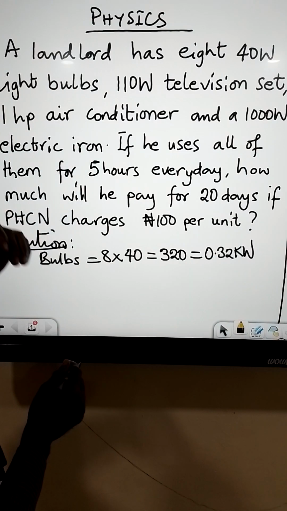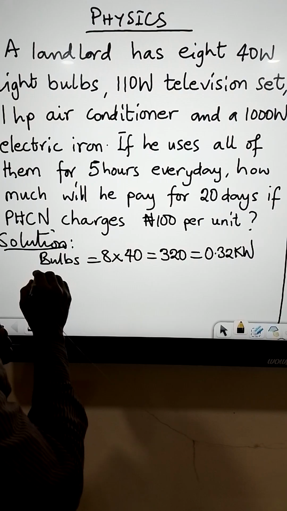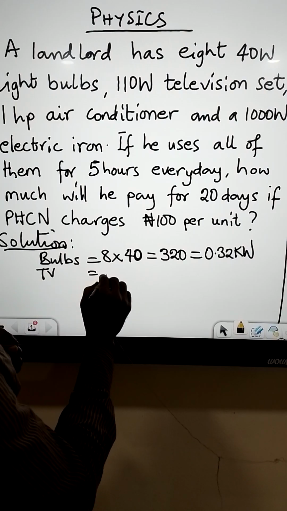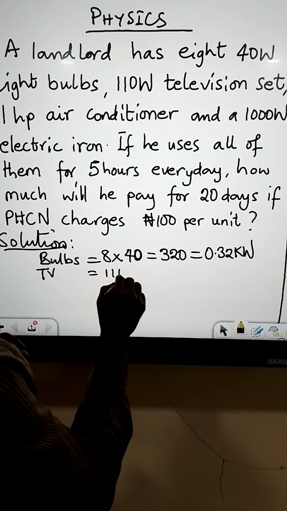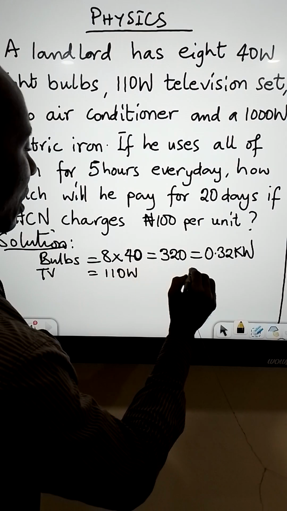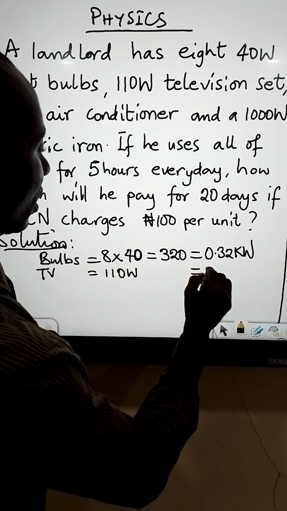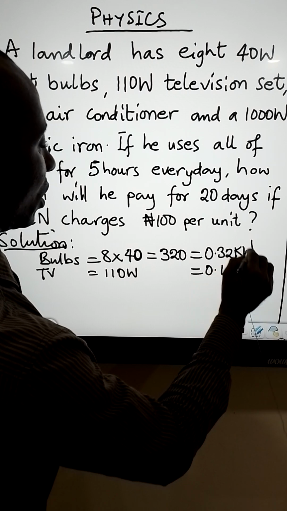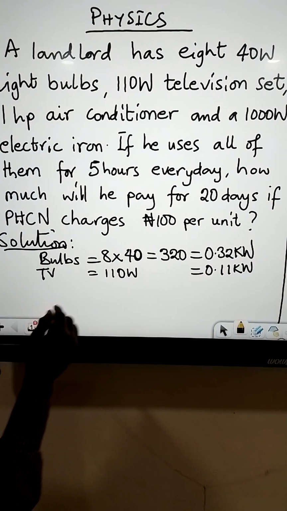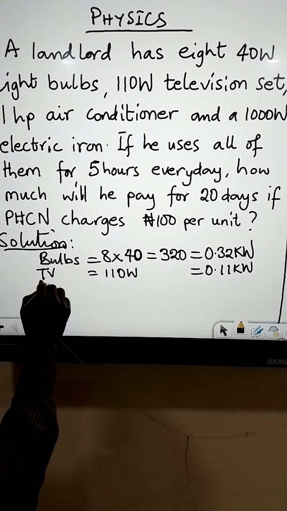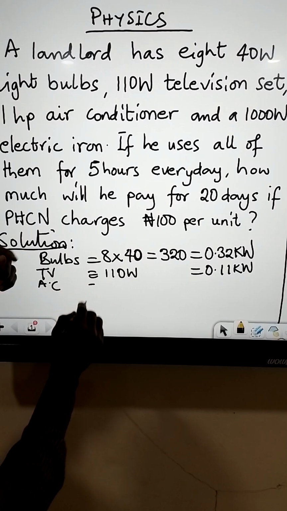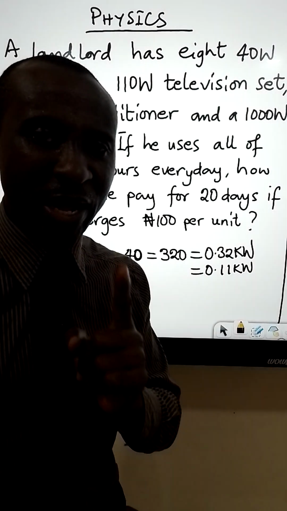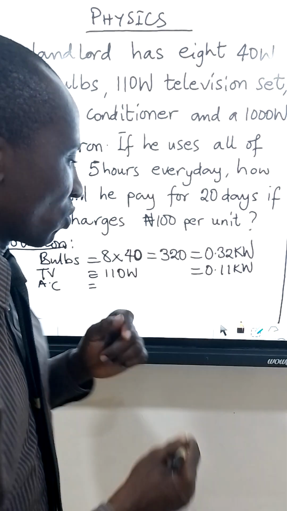Let's do it again. What else do we have? We have the television set, the TV. The TV is 110 watts. By conversion, it should give us 0.11 kilowatts. What else do we have? Okay, the AC. Now the AC given to us here is in horsepower, and 1 horsepower is 746 watts.